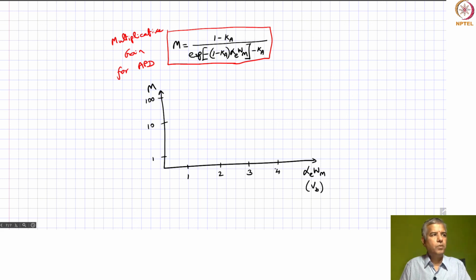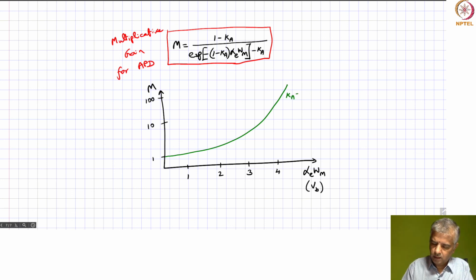Let's look at two extreme conditions. One is where Ka equals 0. If Ka equals 0, then this becomes 0, this becomes 0, then this also becomes 0. So then you have the exponential of alpha E Wm. That would correspond to something like this. So this is Ka equal to 0.